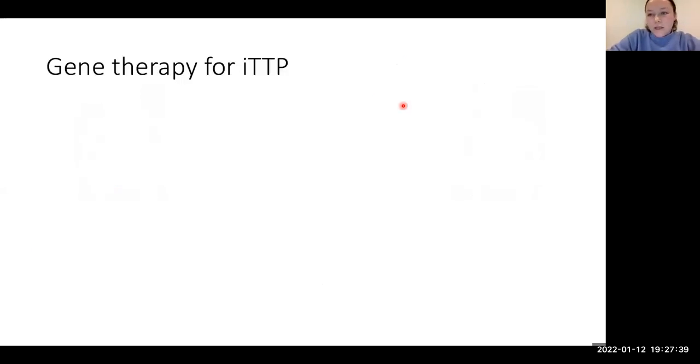So I think many of you might think, well, how does something like gene therapy apply to acquired TTP, in which the gene is absolutely fine in a lot of cases, but it's an immune response to the protein? There are two ways of looking at this.